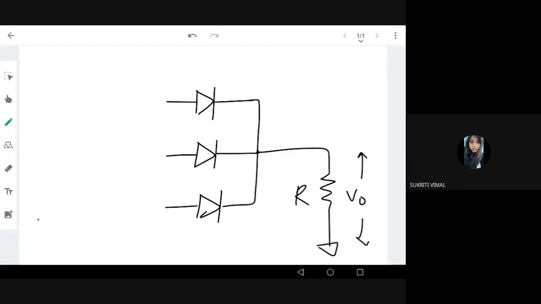Right? Now I'm just trying to draw three kinds of signals here. This first signal, second signal, third signal. First signal is like this, plus 3 volt. Second signal is like this.